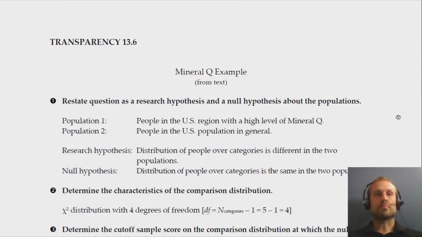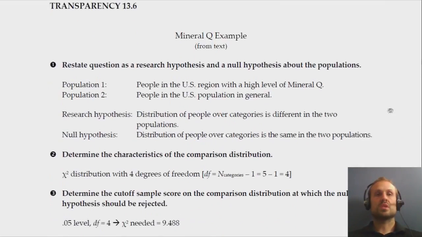Alright, in the next example, in slide 6, I have a mineral Q example. So some people are exposed to this mineral Q, and I'm comparing that to the population in general. So I want to see if the distribution of people over various categories is different in the two populations.